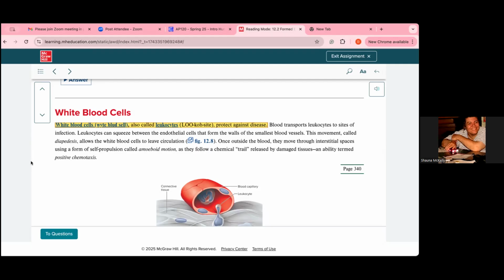Once outside the blood, they move through interstitial spaces using a form of self-propulsion called amoeboid motion as they follow a chemical trail released by damaged tissues, an ability termed positive chemotaxis. Wow, that's pretty cool. Leukocytes.